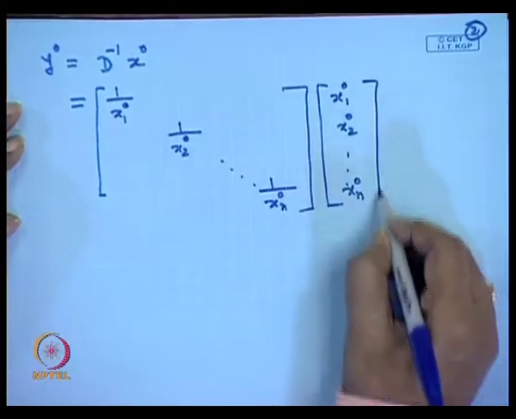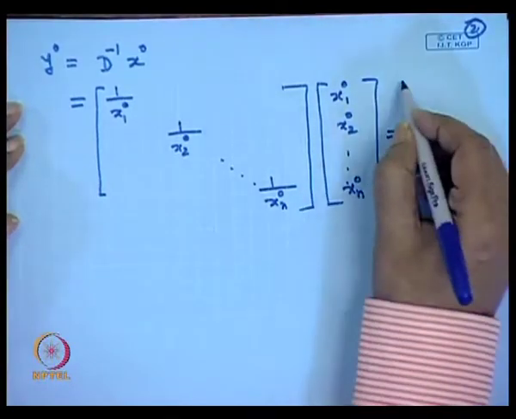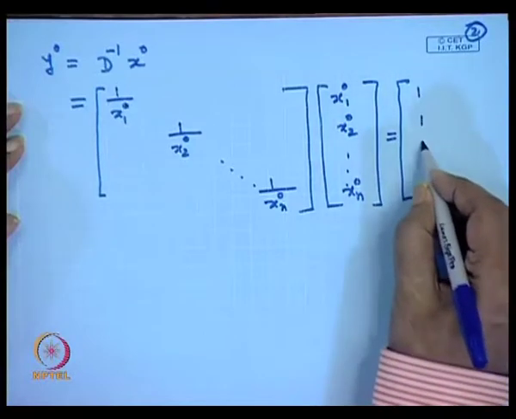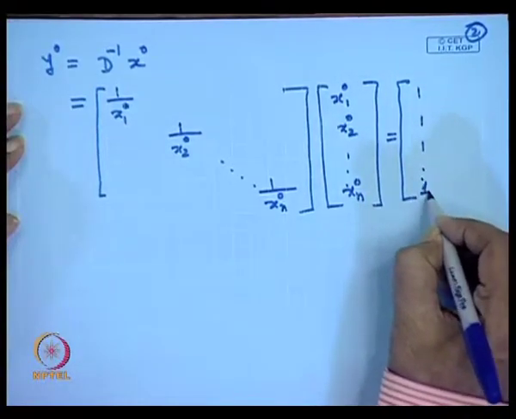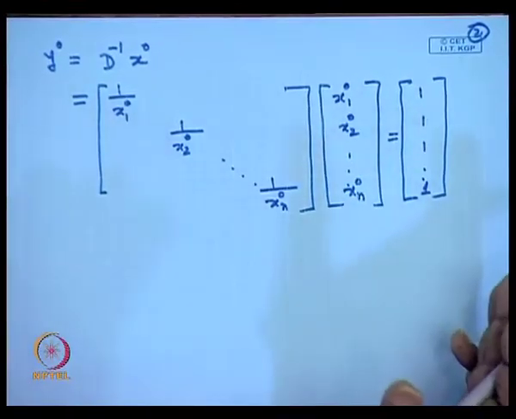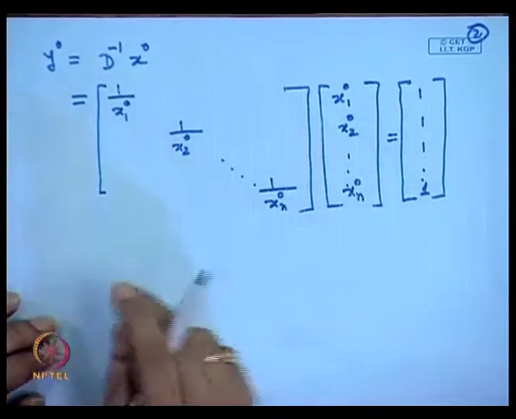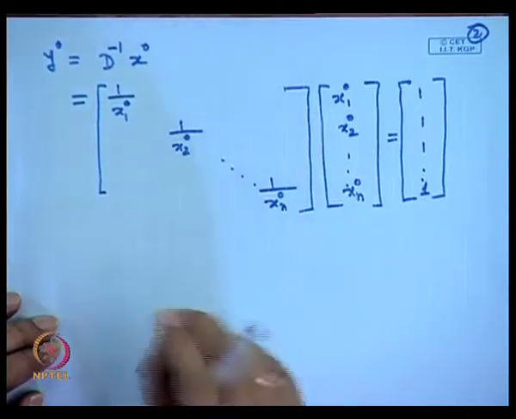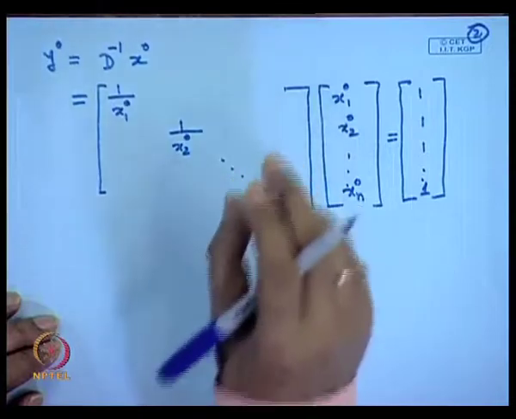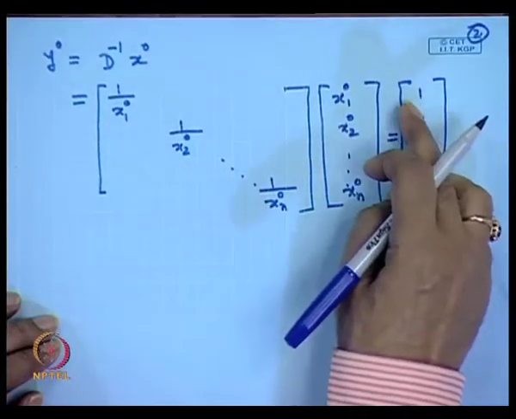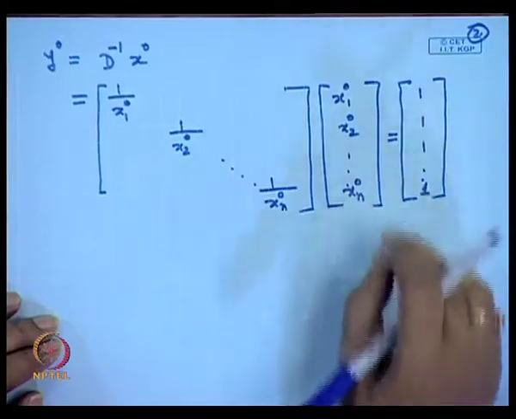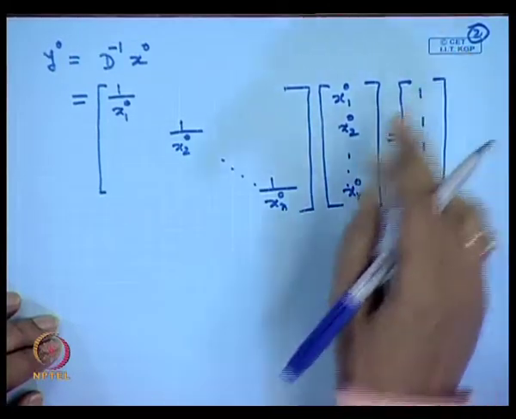So, if you multiply by this, you will see in the coordinate system the points will be 1, 1, 1, dot dot, last element is 1. This indicates that in the coordinate axis, all the new points are equidistant from each axis, at one unit distance. The Y1 coordinate is at distance 1 from this one.